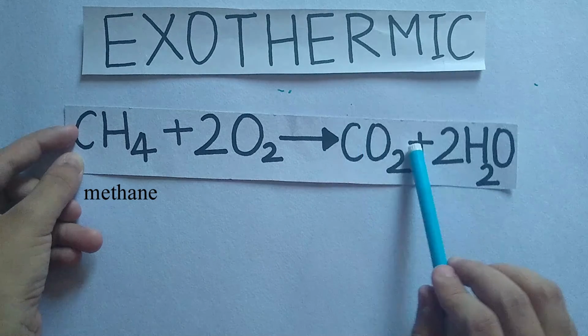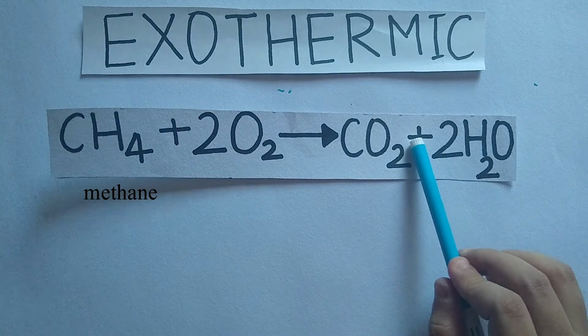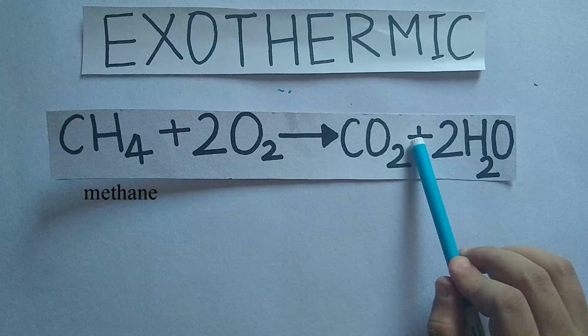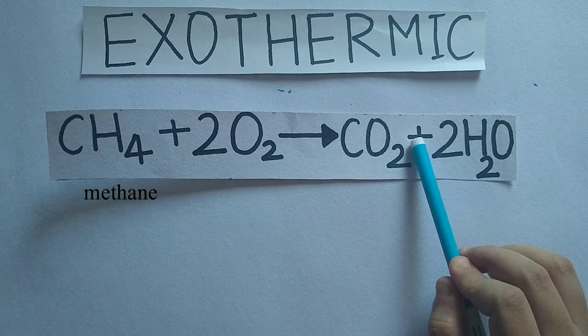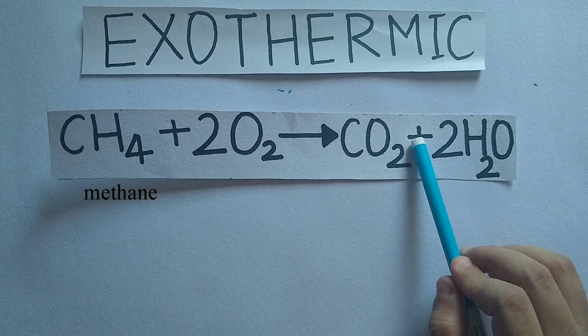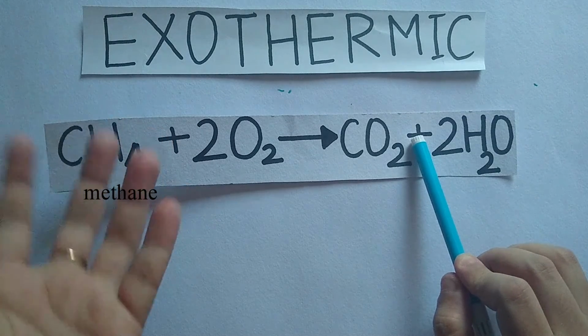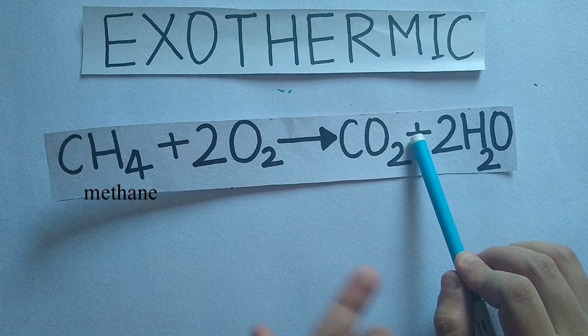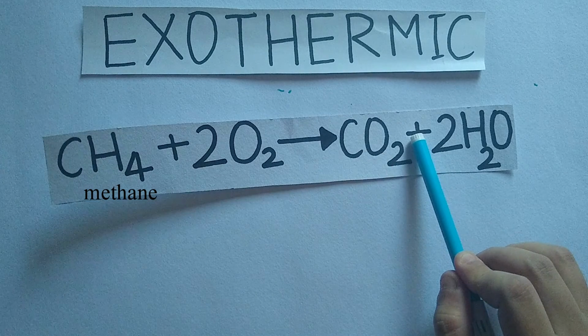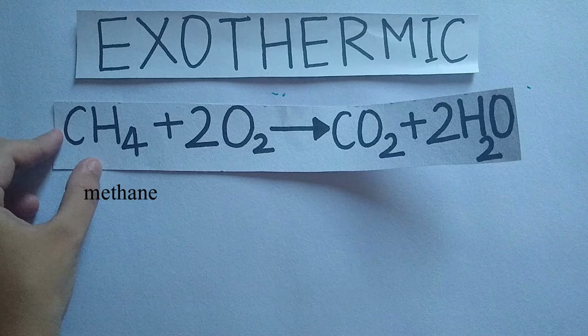There's always carbon dioxide present, because we know that the fuel that is getting out of our vehicles is toxic and has carbon dioxide as one of its compounds. So remember, whenever you're burning a fuel, you get carbon dioxide as one of your products.